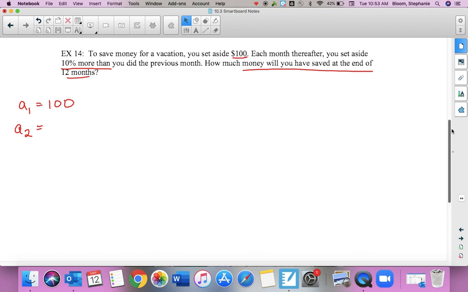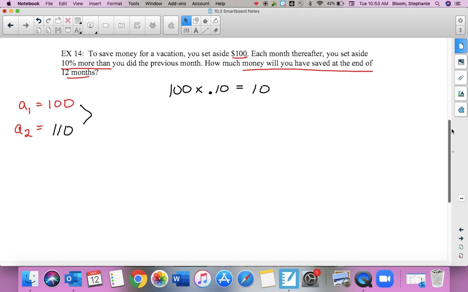So if you take 100, let's just do this over here. If I take 100 times 10%, I would get 10, right? Now for my second month, I'm going to add 10 to this, so I know my second month I did 110.